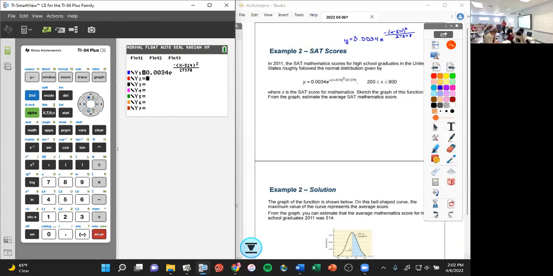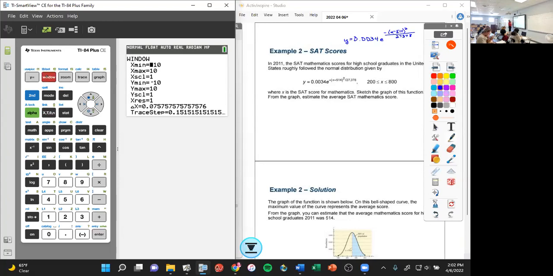What is our domain? We have a given domain, right? The function itself, the domain is all real numbers. But because this is a real life problem, the domain is going to be restricted to a real life domain. So I'm going to go to my window and I'm going to change the domain to be 200 to 800, counting by 50s.